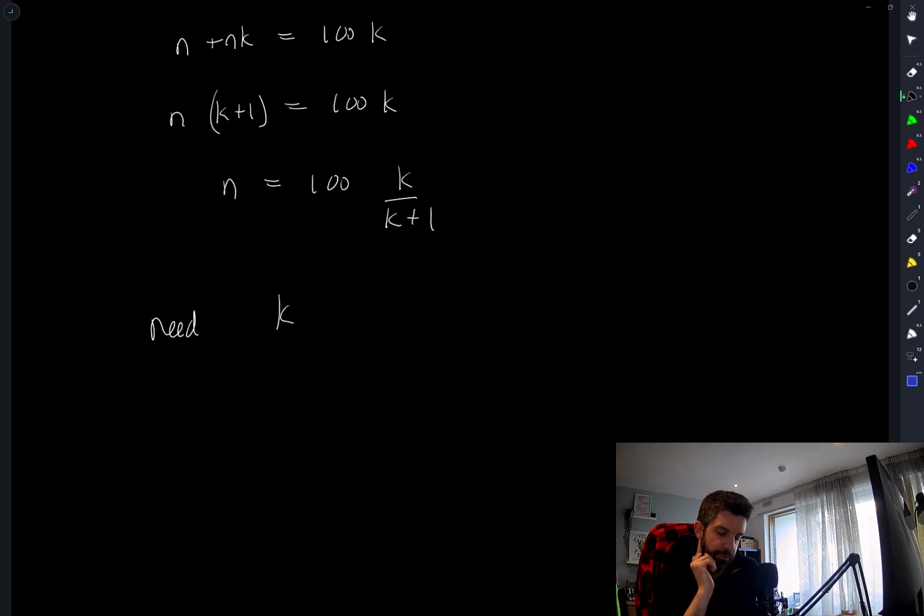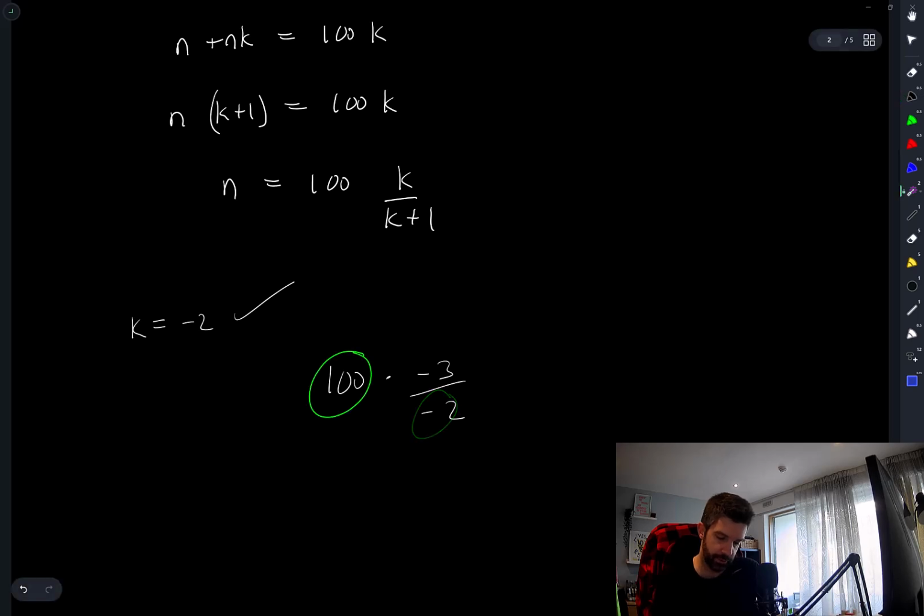Do I just need it to be a factor of 100? Is that the idea? We've already seen k equals -2. Check. If k is -3, what goes on here? 100 times -3 over -2. So that obviously divides, and n is 150.